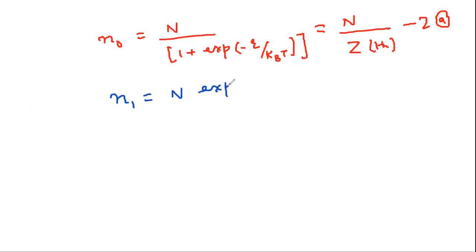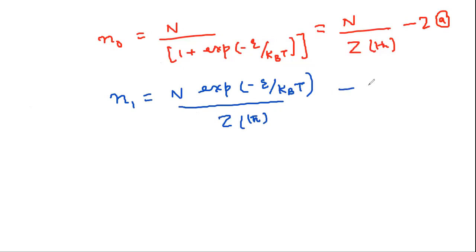N1 is equal to N times exponential of minus epsilon by kBT over Z thermal, where Z thermal is 1 plus exponential of minus epsilon by kBT. We named this expression 2b. So this is our equation 2b.